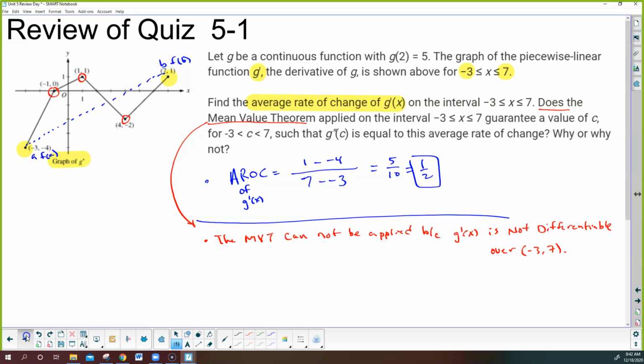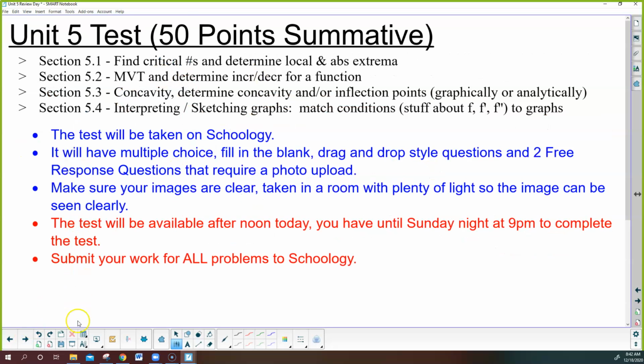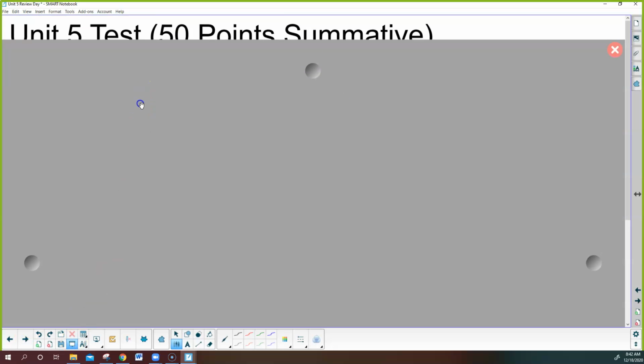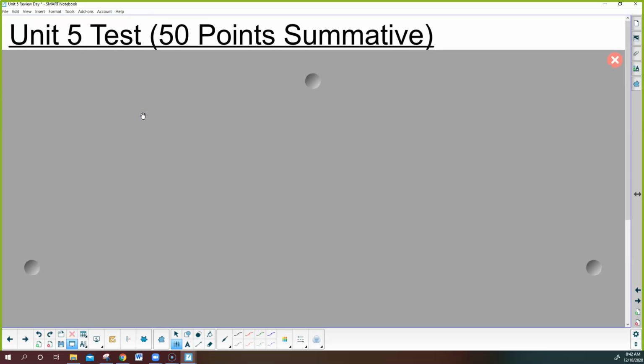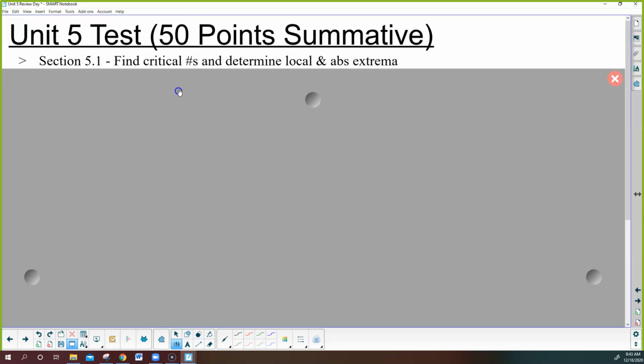Okay, I hope that helped answer some questions, and I kind of treated this as a review as well. So we've got a couple things to talk about here quick. The test. So starting, as soon as we're done with class, you could technically start the test if you'd want. It's open and available. It's on Schoology, and it's 50 points summative.